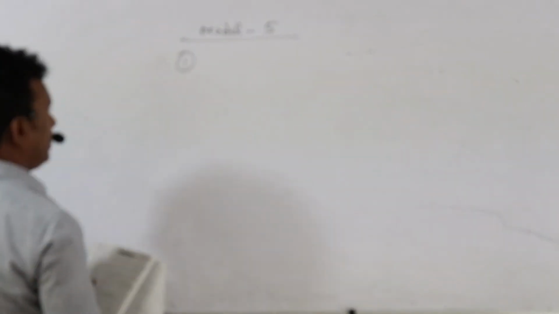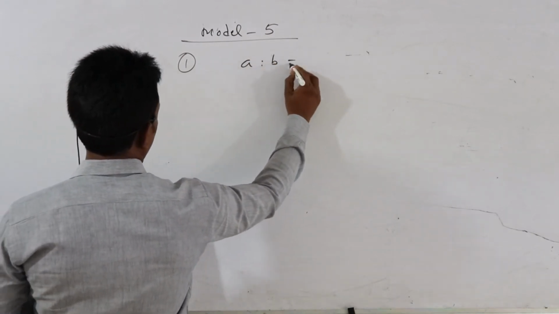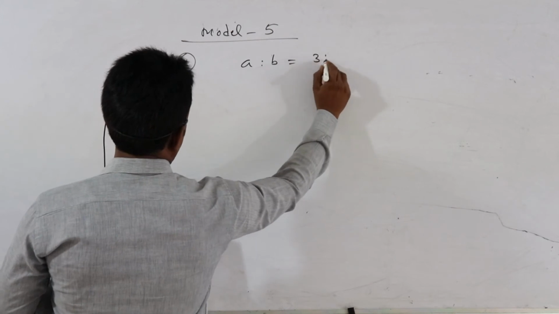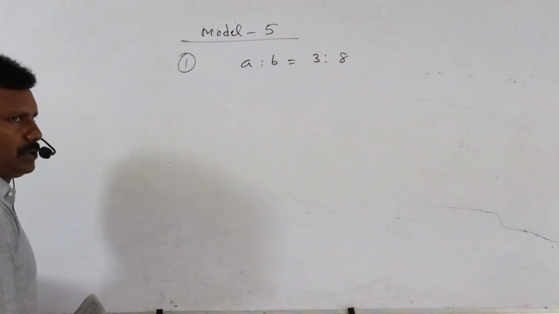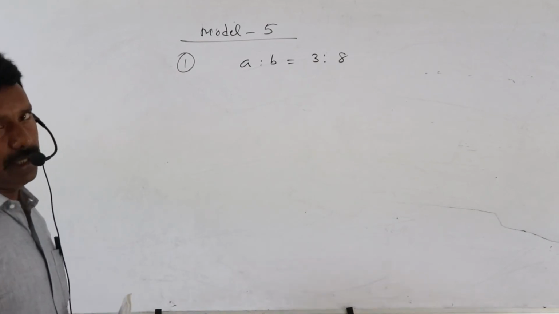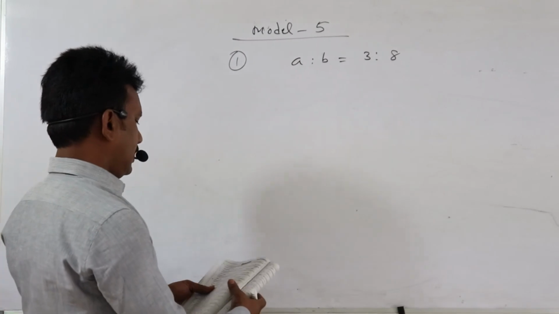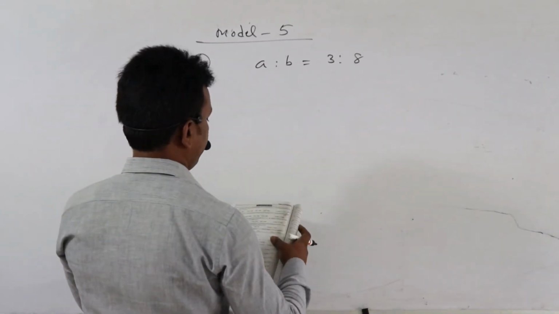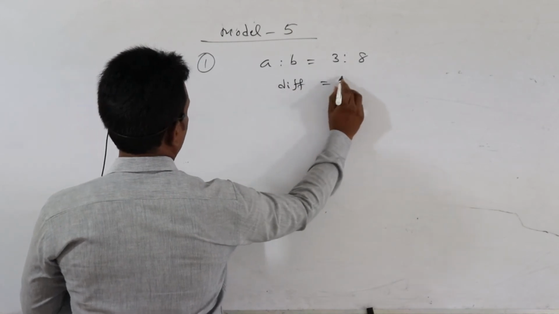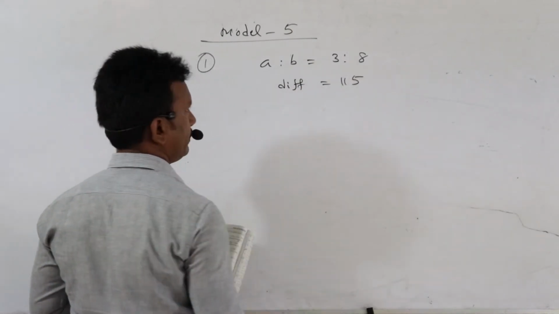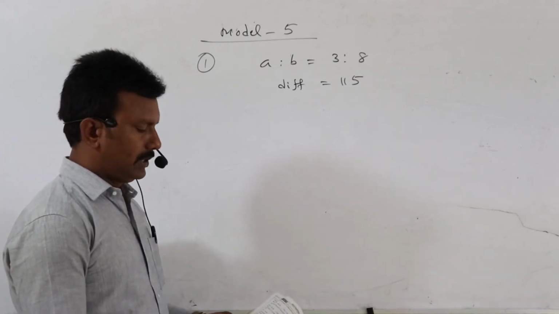The ratio of two numbers, let it be A is to B, is 3 is to 8. And the difference of these two numbers is equal to 115. Then the smaller number is?